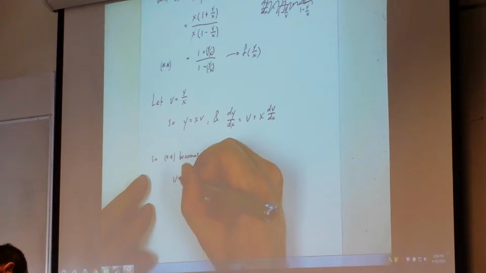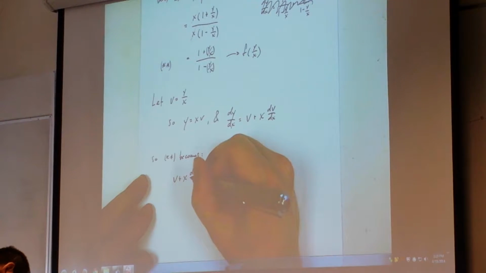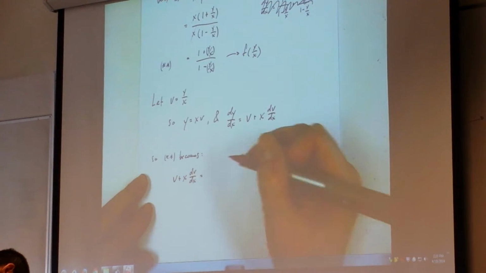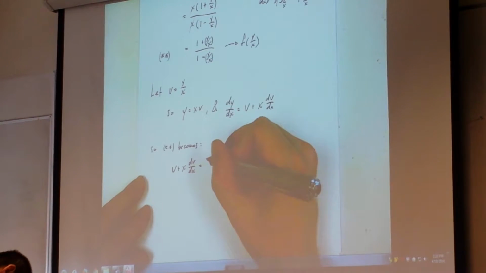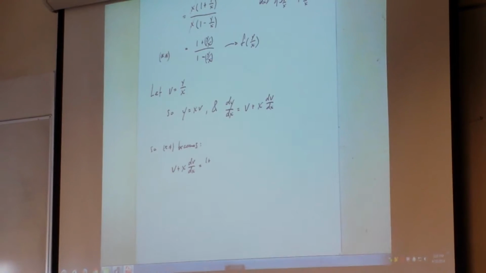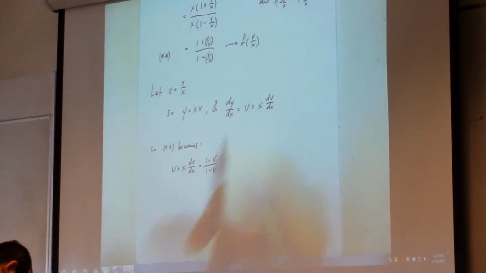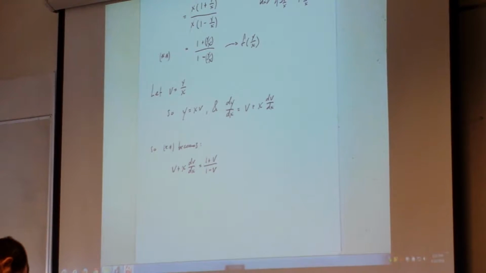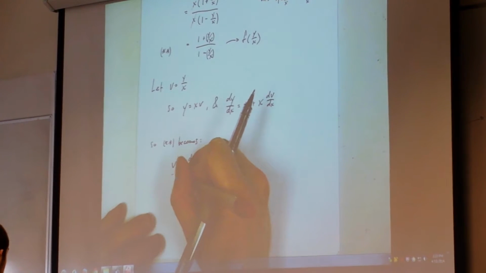It becomes v plus x dv dx equals 1 plus v over 1 minus v. Okay. Now, I'm going to subtract that v from both sides.